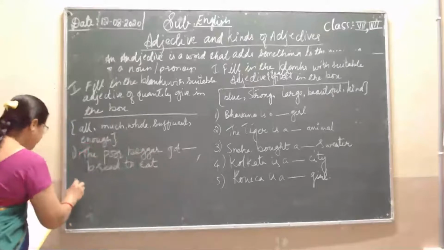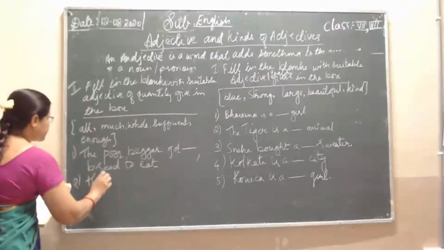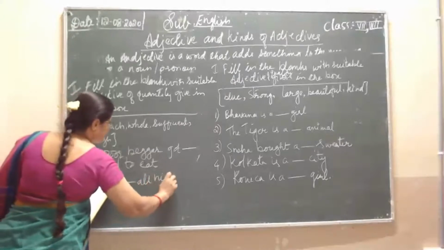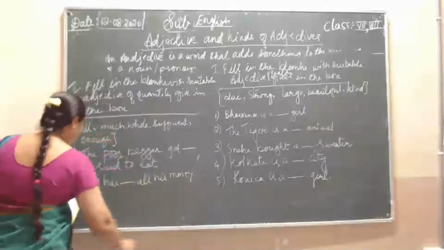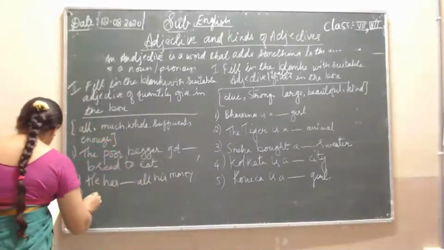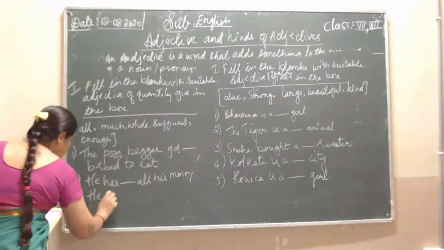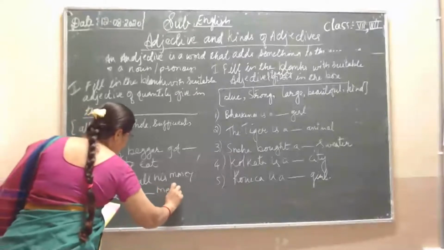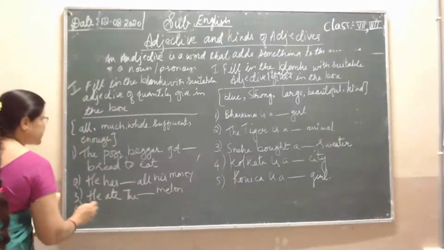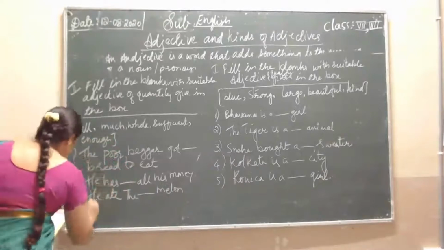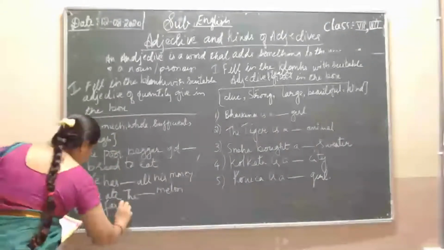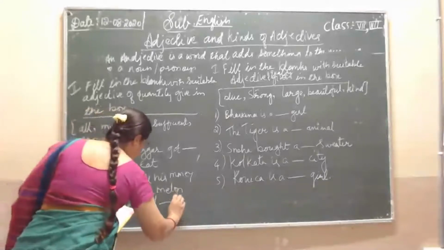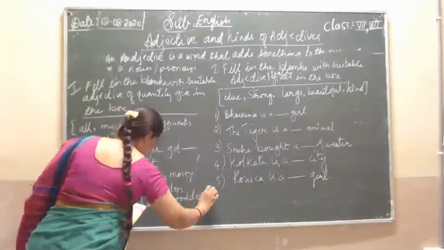Now comes the second. He has dash all his money. Third one is, he ate the dash melon. Next, fourth one is, the farmer had dash fodder for the cattle.